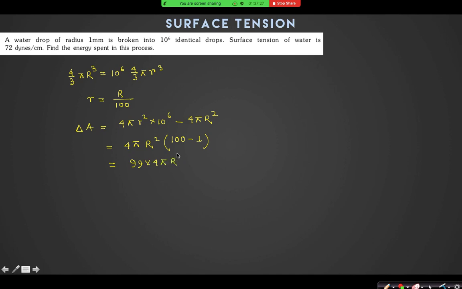That much energy I have to supply. The energy we have not found out yet. Delta A I have to multiply with surface tension. So delta U is equal to surface tension into delta A. Right now, surface tension is in dyne per centimeter.